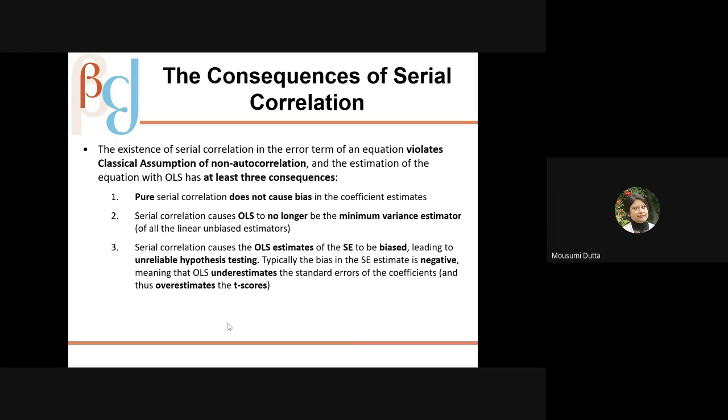However, they will not be best. So the efficiency property or minimum variance property will be lost in presence of autocorrelation. Estimated values of the parameters will be unbiased. However, they will not be the BLUE estimators, because the minimum variance property, or the efficiency property, is disturbed.